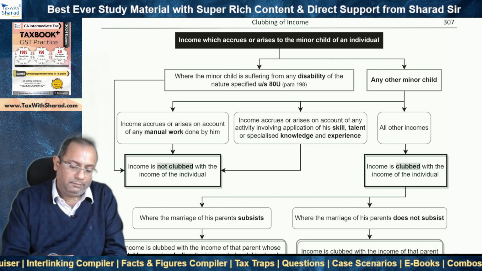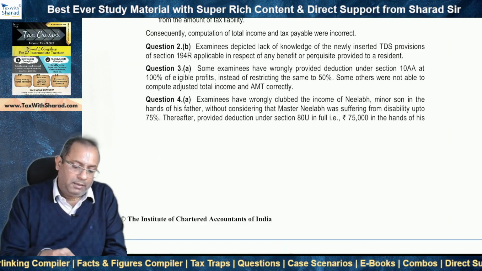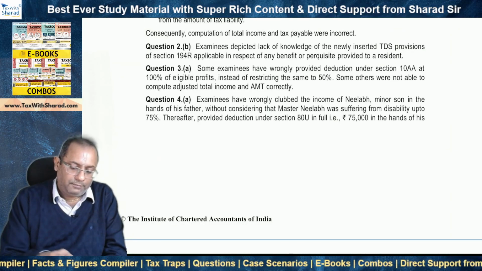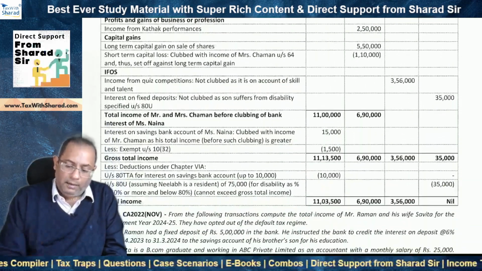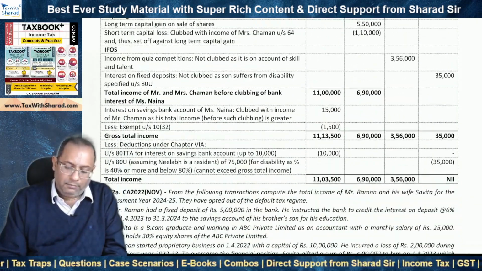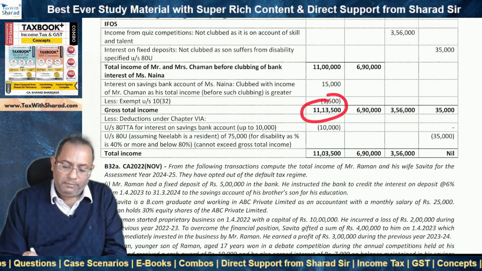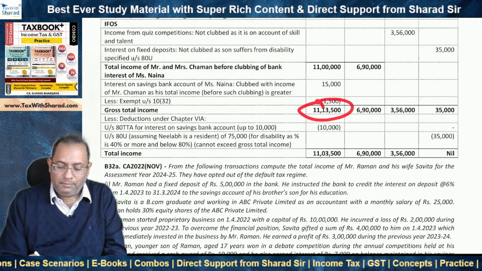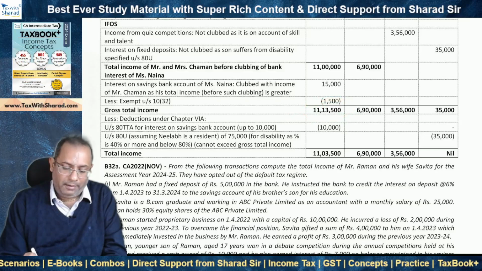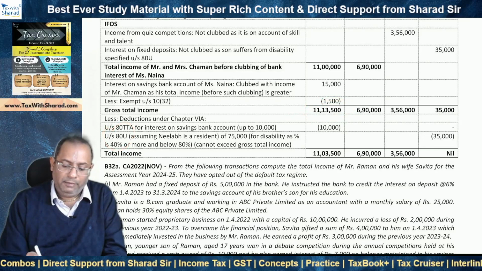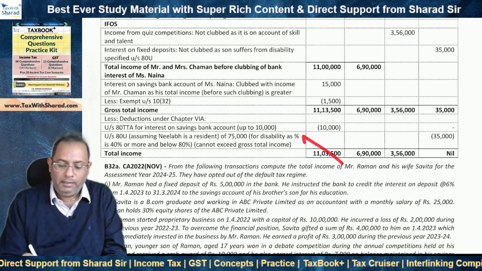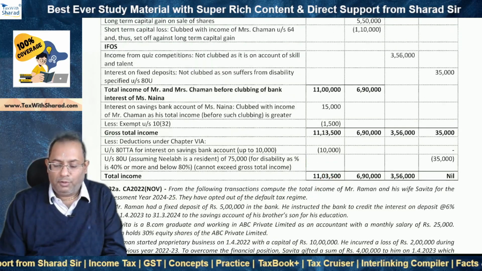That was the mistake. Since they committed this mistake, for the father, Mr. Chaman, the gross total income would be 35,000 plus 11 lakh 13,500. So they provided full deduction under section 80U of rupees 75,000. And consequently, this figure was wrong.